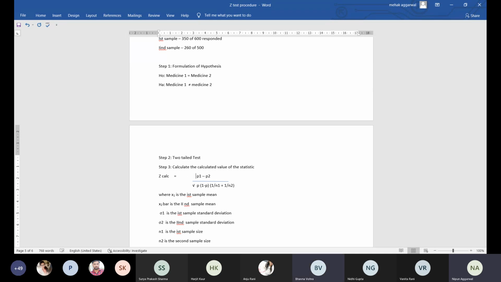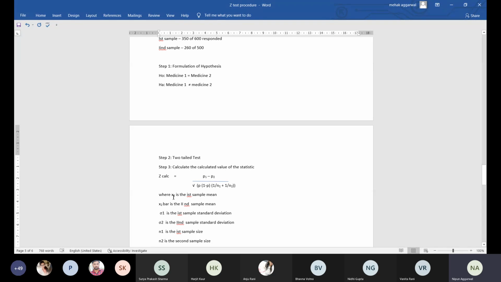So this is the formula for Z calculated for two sample proportion.